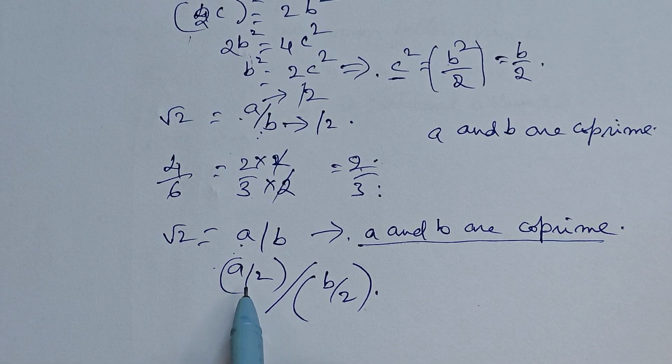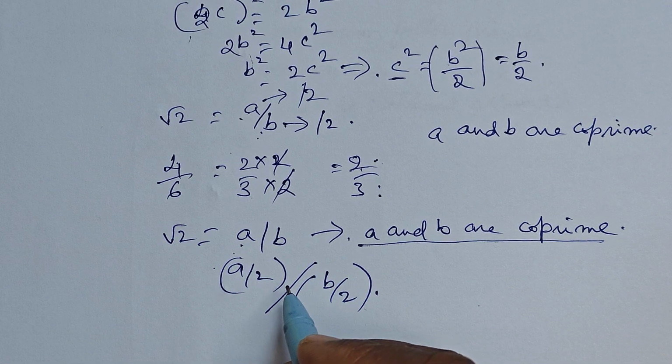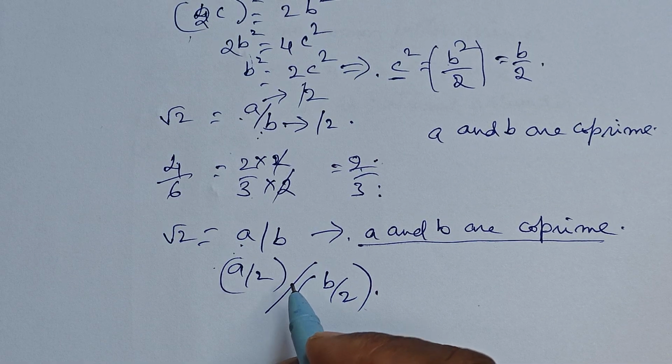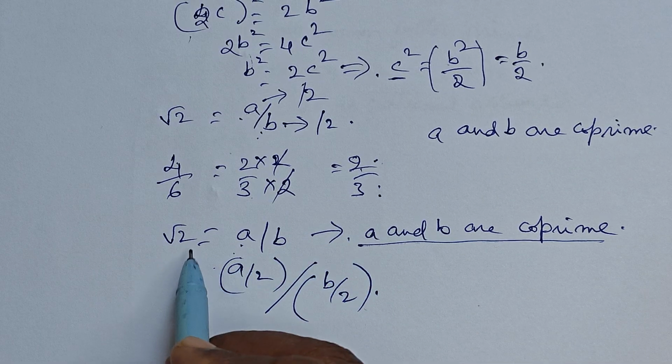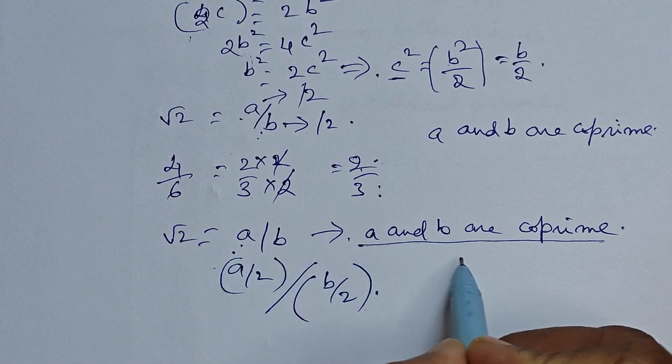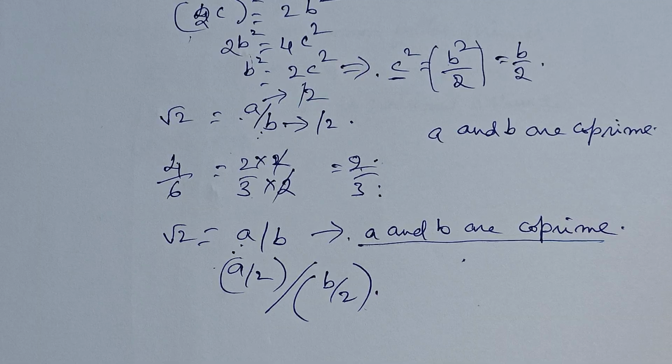If a is 2 into x and b is equal to 2 into y, that means the 2 into 2 get cancelled. That means a and b still have some common prime factor which we can cancel out. This contradicts the rule because the rule is a and b are co-prime. They cannot have any common value.